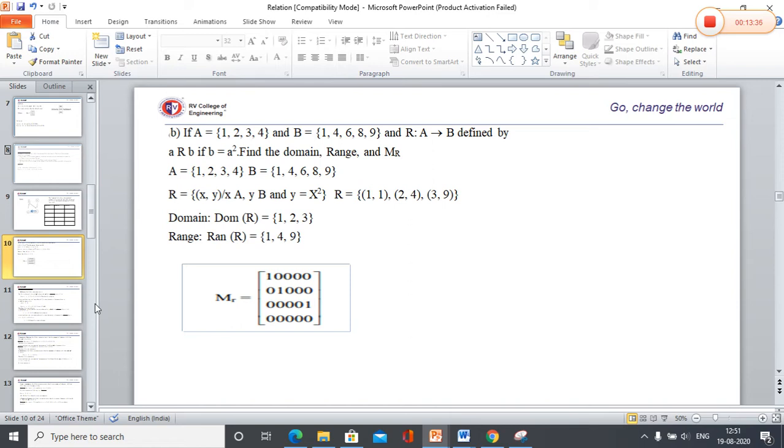So this is about relation basics, what a relation is, and different ways of representing a relation. If any two sets are given and the relation is also given, how to write the set R in terms of ordered pairs, how to write the relation R in terms of a matrix and a digraph, and how to calculate in-degree and out-degree, those things.